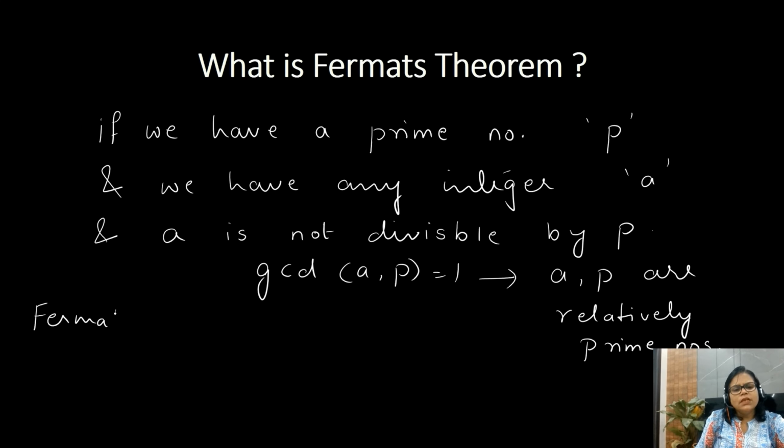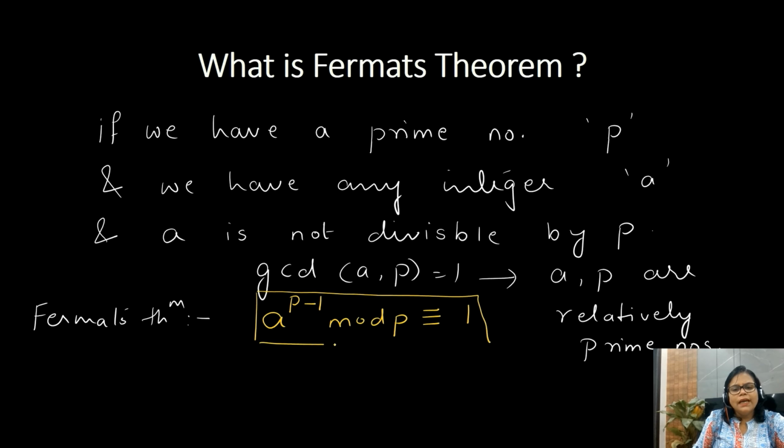So Fermat's theorem says that A raised to the power of P minus 1 mod P is congruent or equivalent to 1. So this theorem basically allows you to directly replace the computation of A raised to the power of P minus 1 mod P by 1.